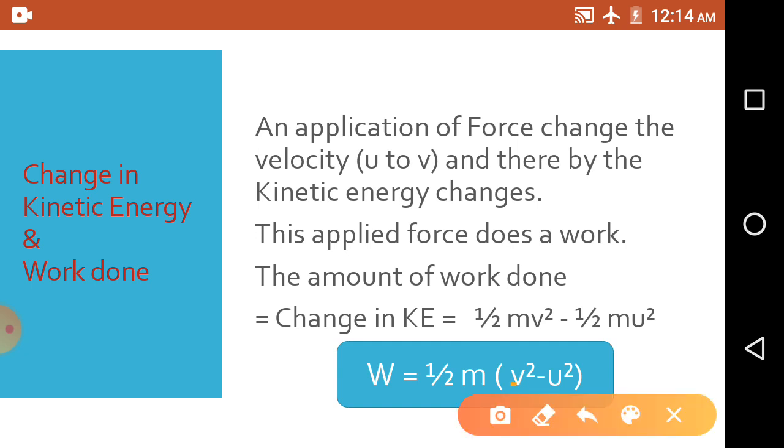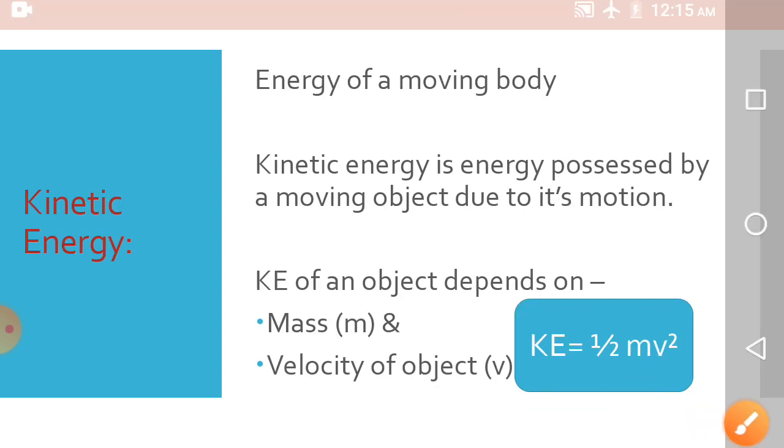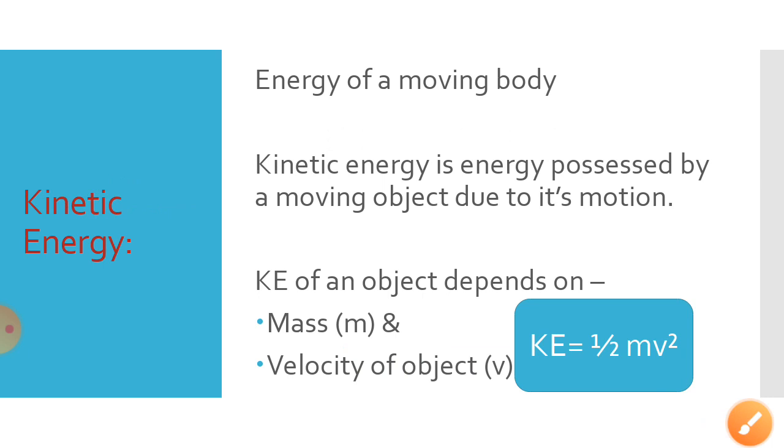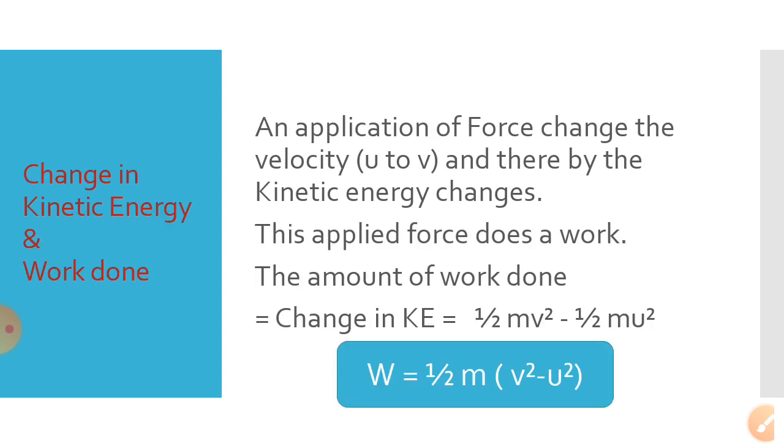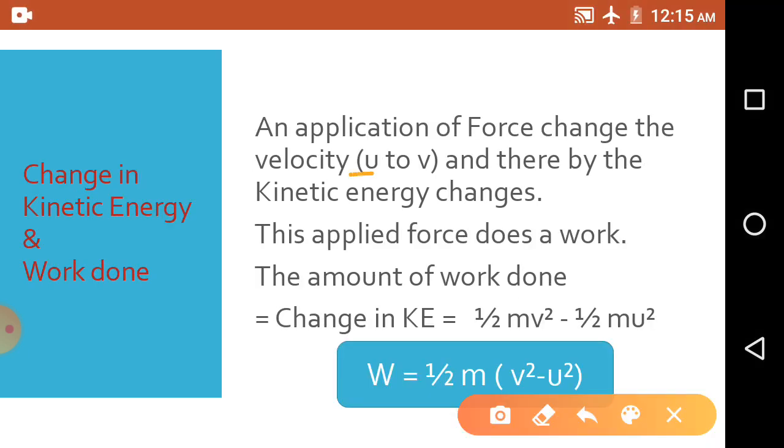So finally the work done W, which is the kinetic energy, is 1 by 2 m v square. That means the formula K equal to 1 by 2 m v square applies when the object starts from rest, with the initial velocity u equal to 0.